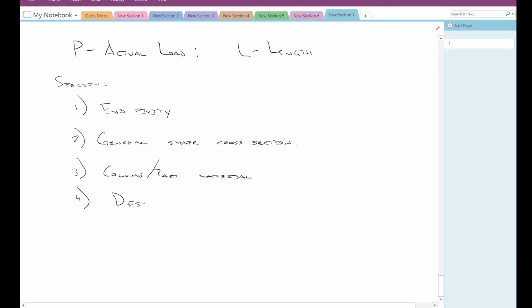Design factor. Again, that's N, also called a safety factor, depending on who you ask. And 5, the final dimensions of your column.